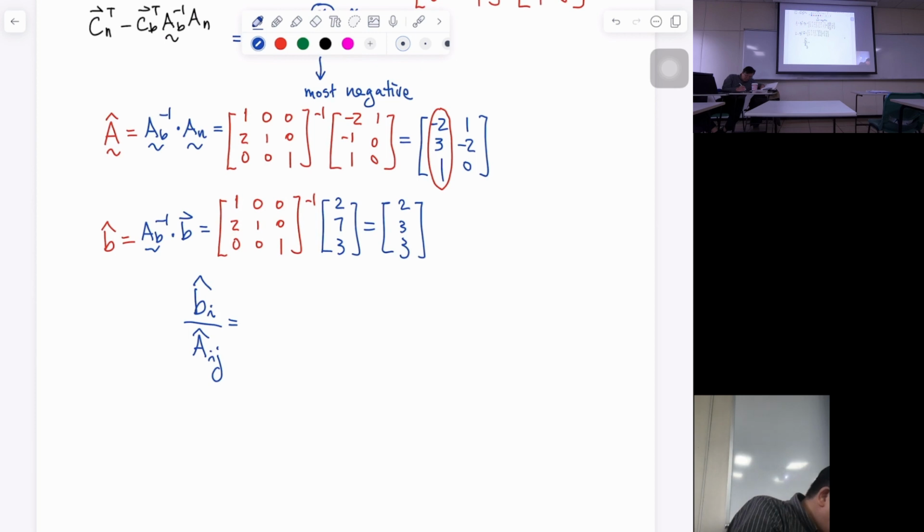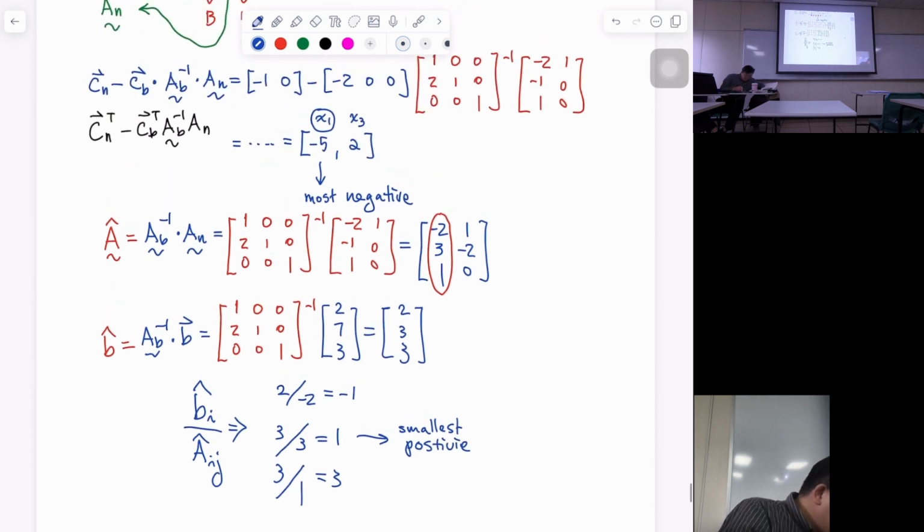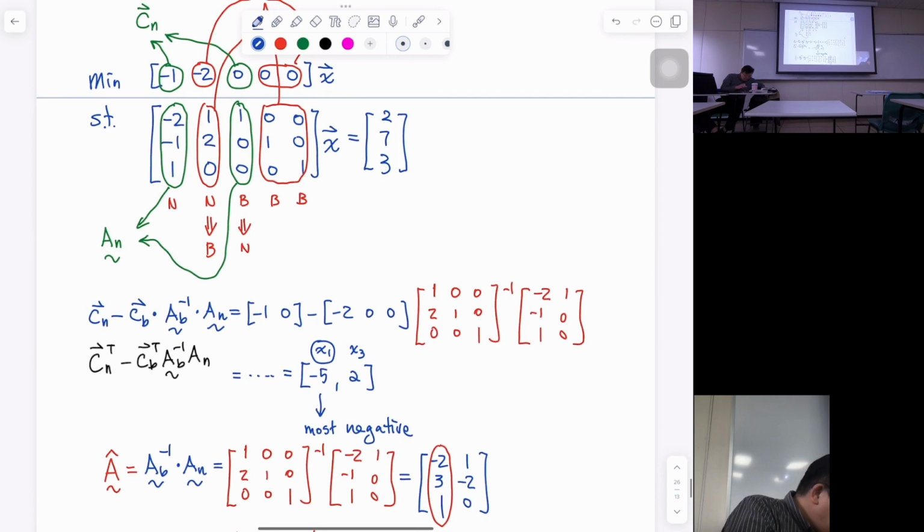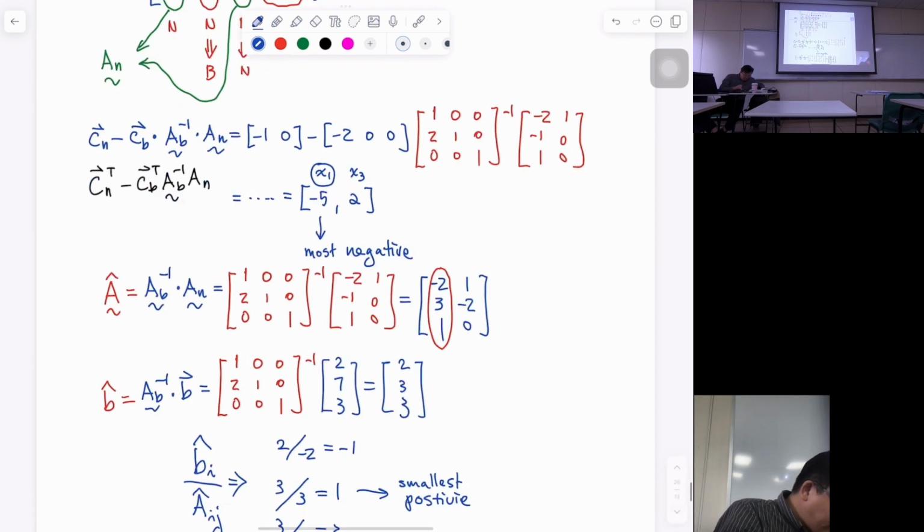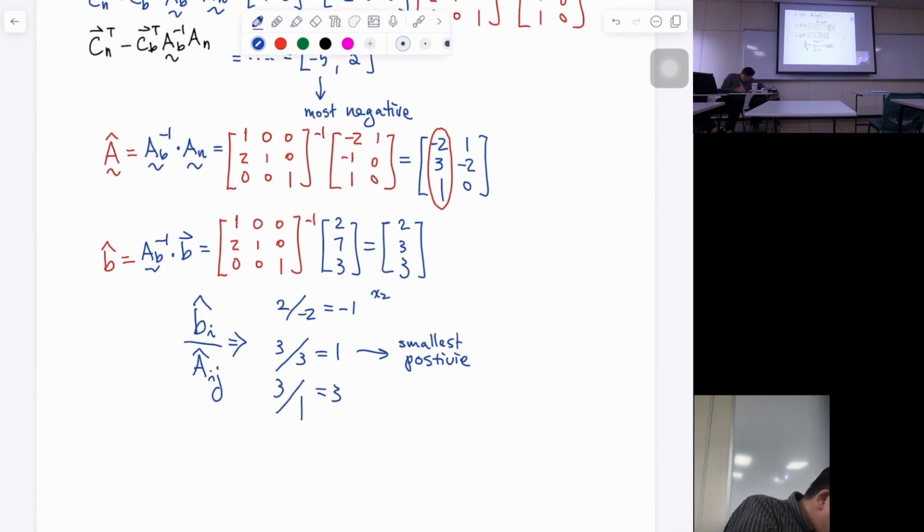So it's going to be 2, 3, 3 over negative 2, 3, and 1, negative 1, 1, and 3. This is the smallest positive. And they are x2, x4, and x5. So x4 was chosen.